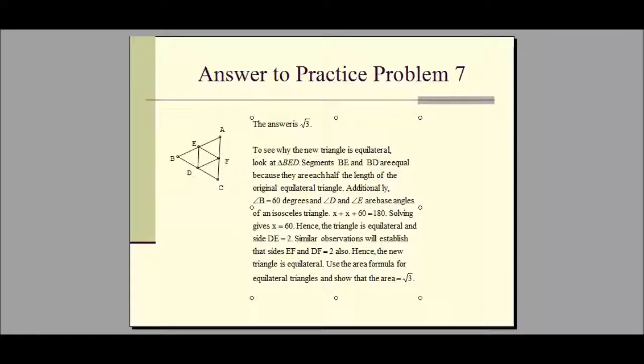Algebra will show that x must equal 60 degrees. Hence, the triangle is also equilateral and side DE equals 2. Similar logic will show that sides EF and DF equal 2 also. Hence, the triangle is equilateral. Use the area formula for equilateral triangles, and substituting into the area formula will give you the result that the area equals the square root of 3.